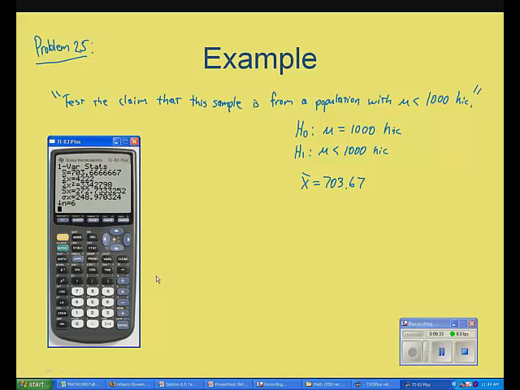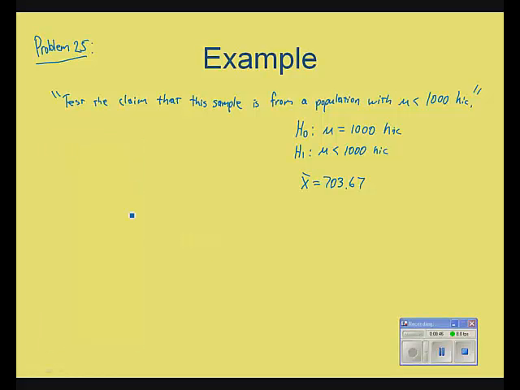Jeff pointed out that in order to compute the test statistic, we also need the sample standard deviation. Jeff, what's the formula you're looking at? They call it mu x bar.